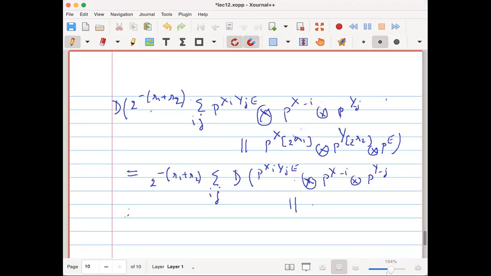Then with respect to the product state, then minus, so again the ijth state.